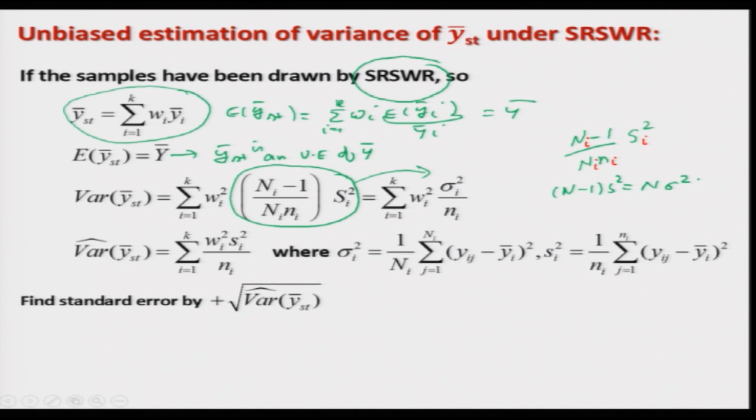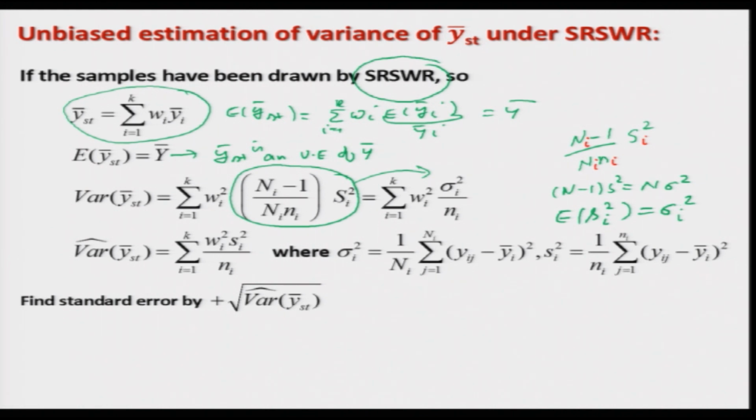If you want to find an unbiased estimator of the variance of y bar st, you may recall that we already proved that the expected value of S square is equal to sigma square. So in the case of stratified sampling, the expected value of Si square will become sigma i square.